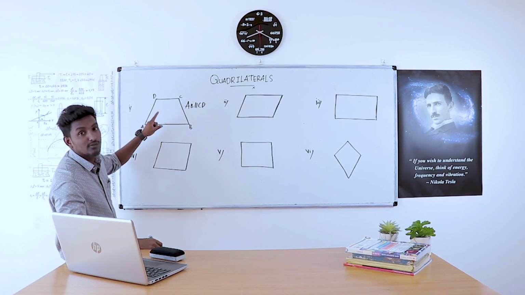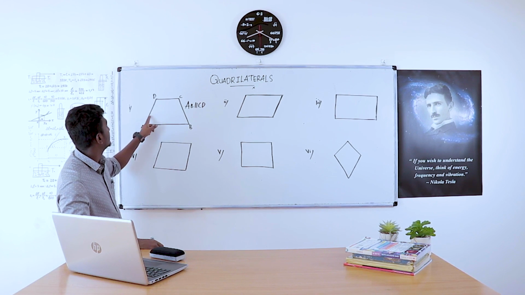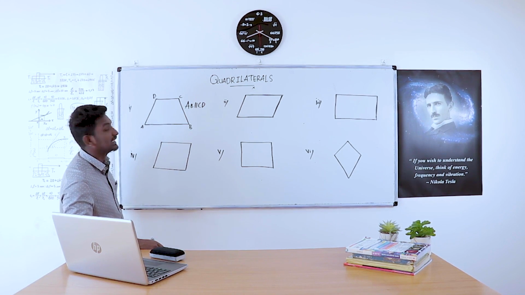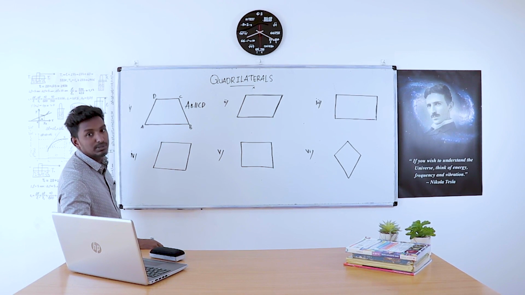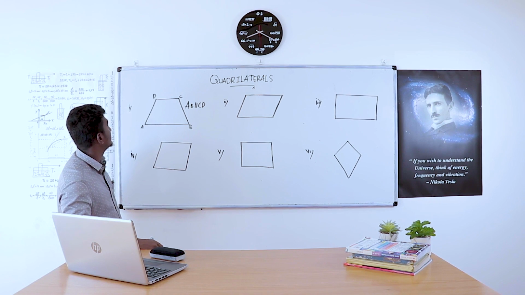Now look, one pair of opposite sides is parallel. If in a quadrilateral one pair of opposite sides is parallel, the other opposite sides are equal in length, because the distance between two parallel lines is always equal.